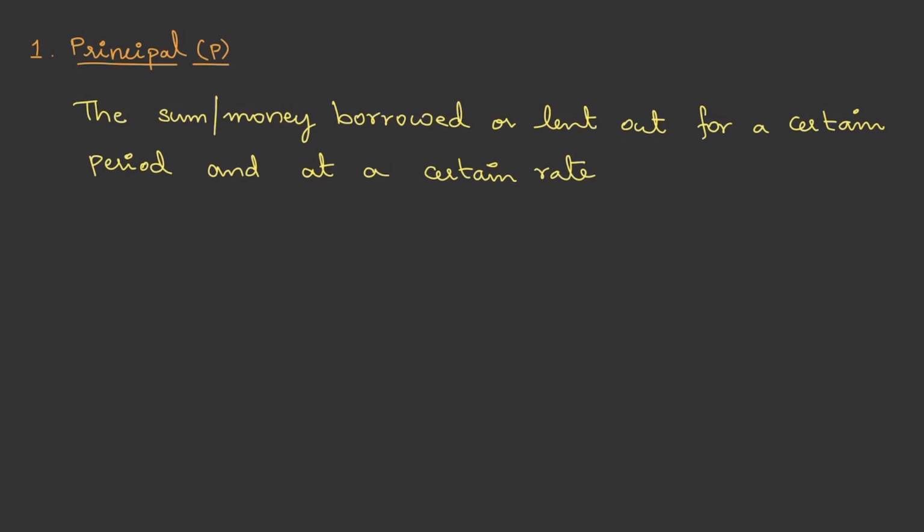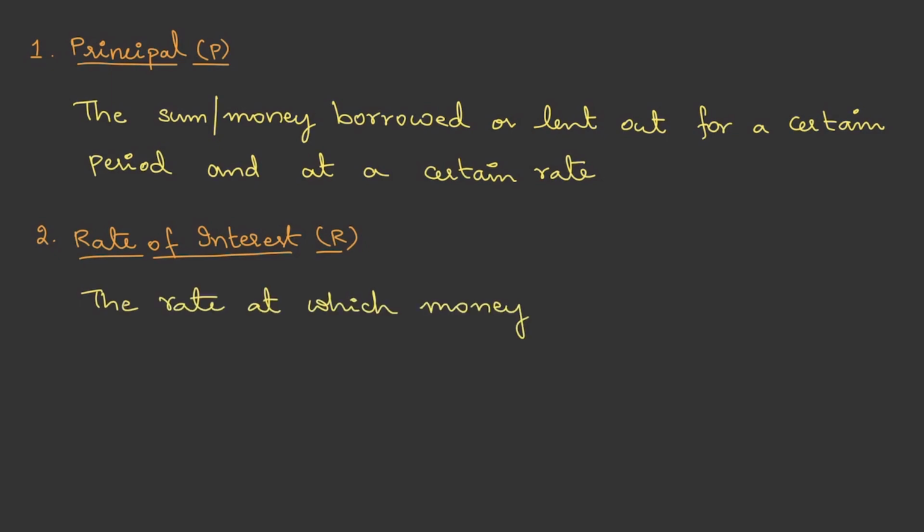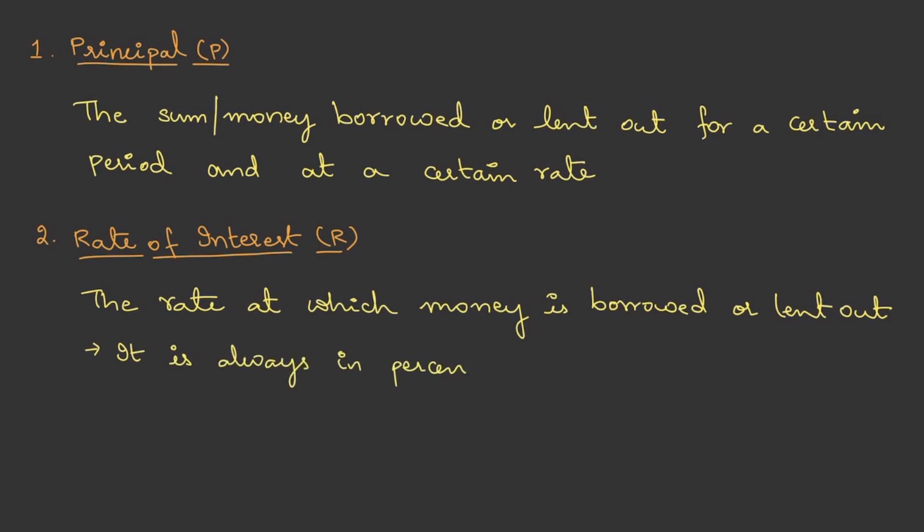The second is rate of interest, R. It is the rate at which money is borrowed or lent out, and it is always in percentage. The third quantity is time. It is the period for which the money is borrowed or lent out.